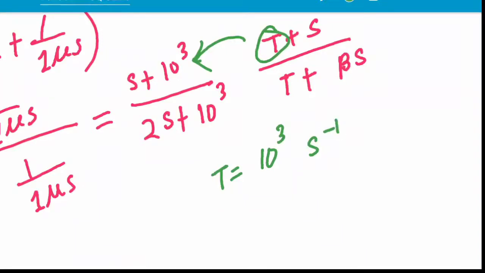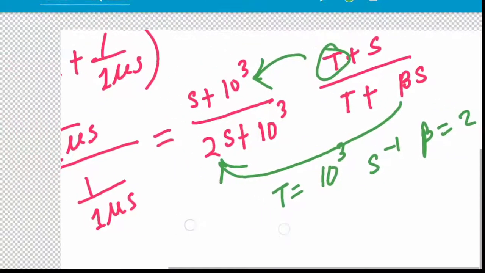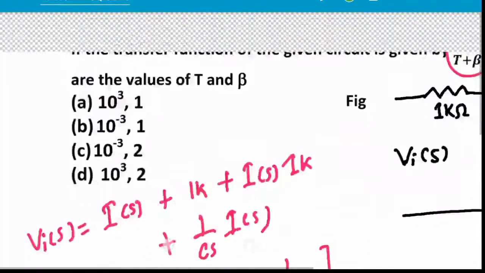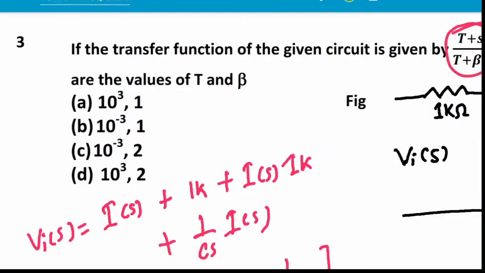Why second inverse? I am explaining. And beta is 2. So the answer is this one.